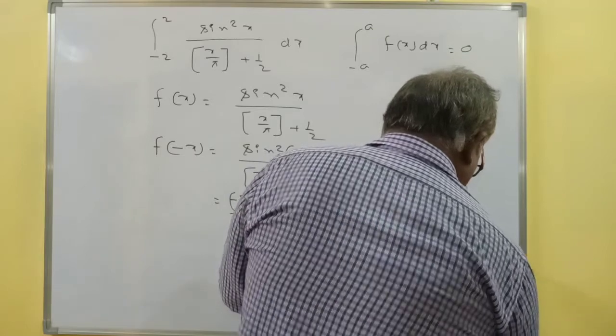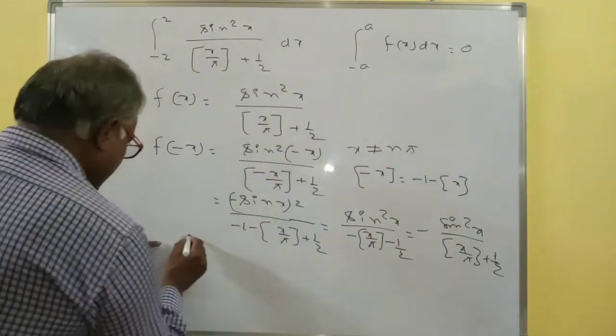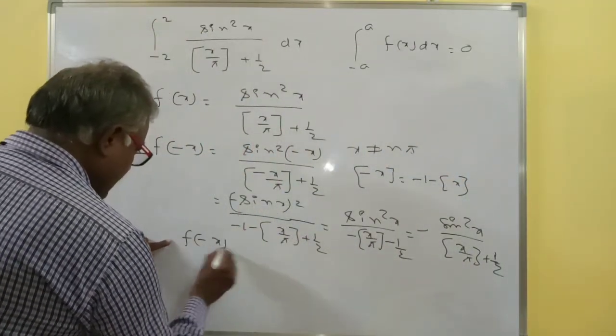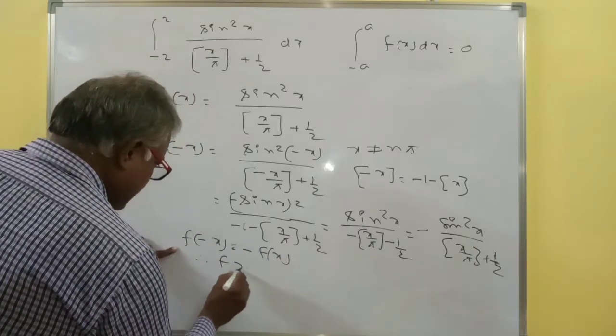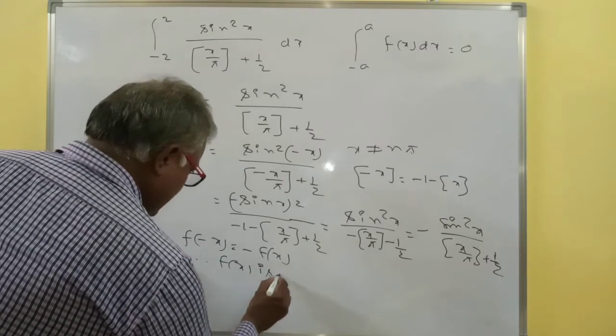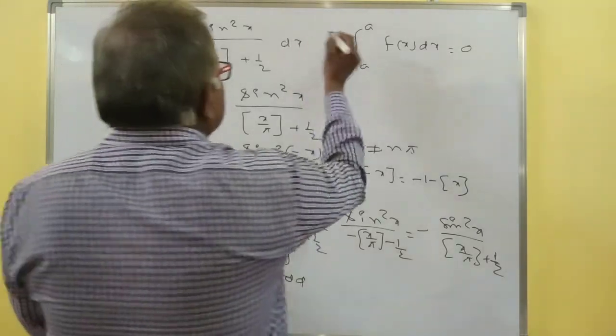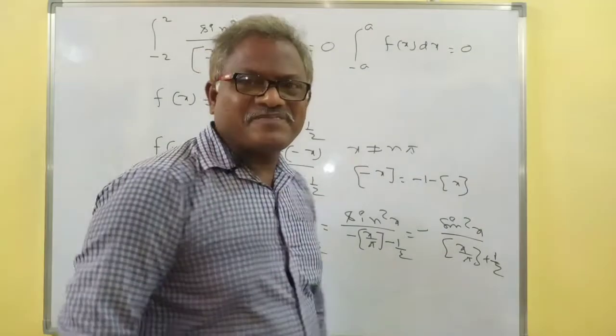That means clearly f of minus x is equal to minus f of x. Therefore f of x is odd, so the integral value is nothing but 0.